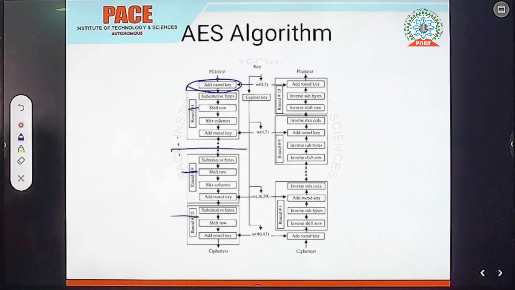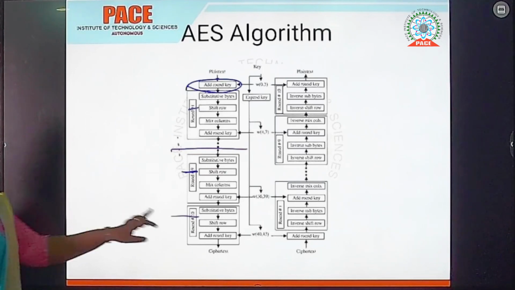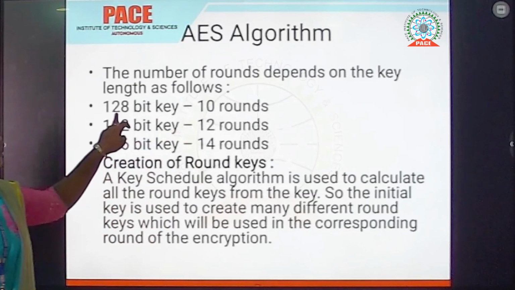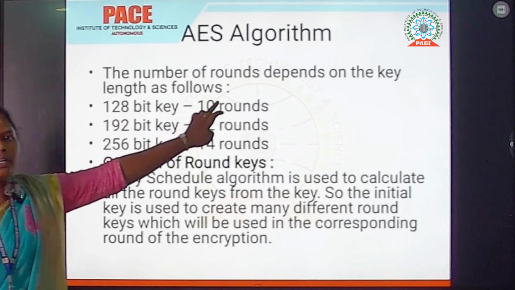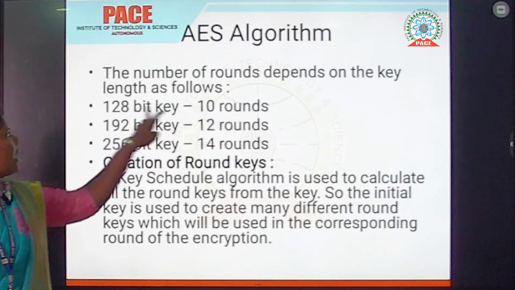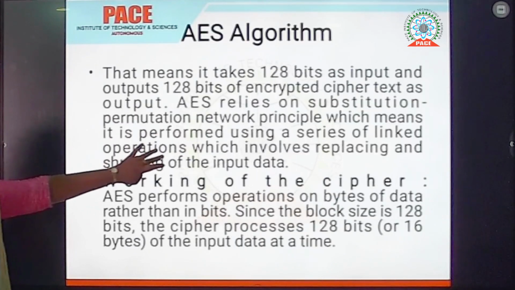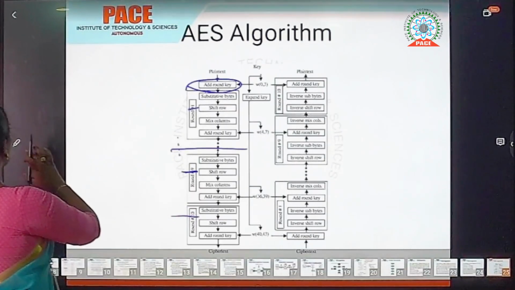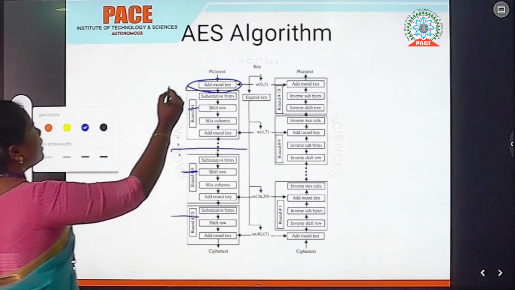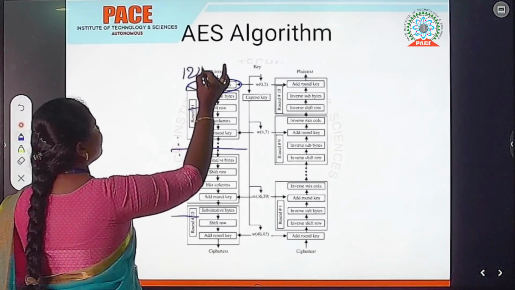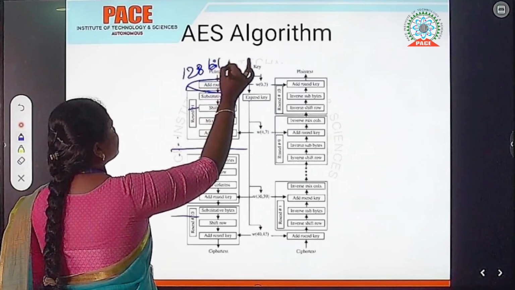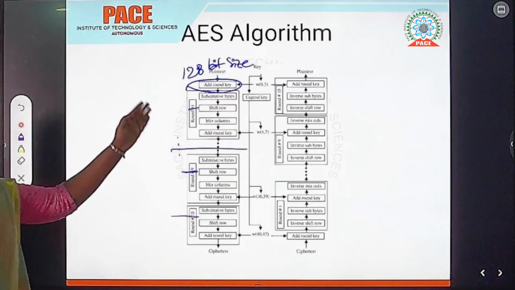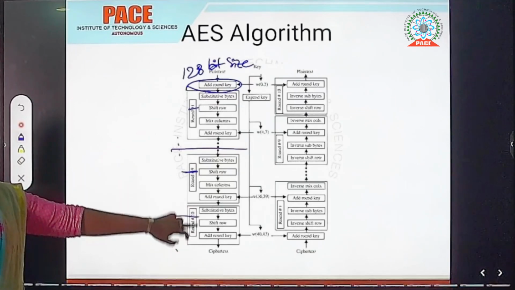For 10 rounds, we have a 128-bit key. That's why the plain text has a 128-bit size, and a 128-bit size has 10 rounds: round 1 up to round 9, round 10.